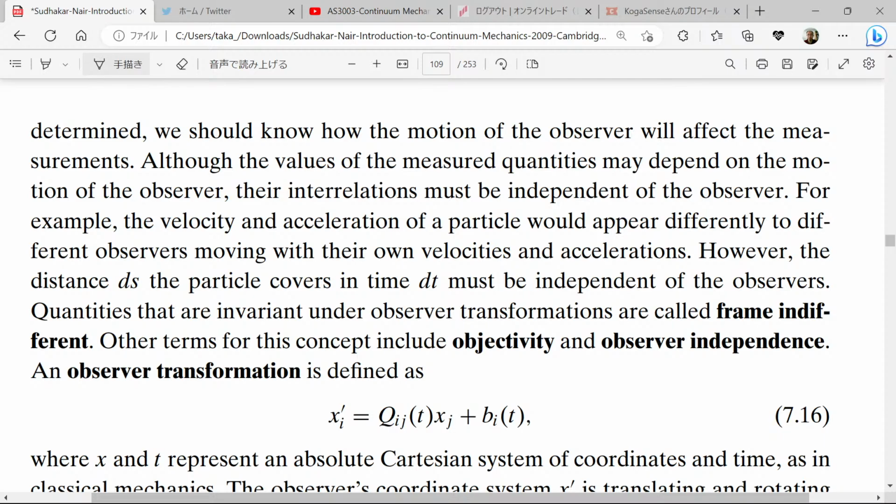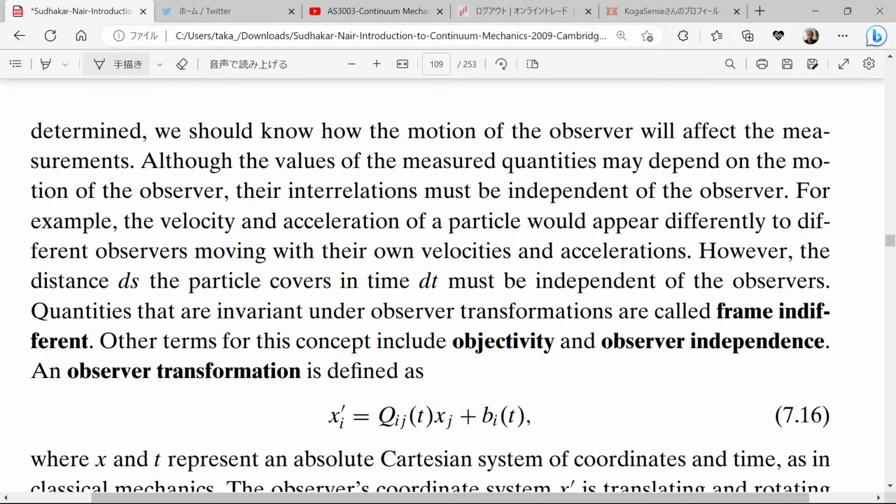Quantities that are invariant under observer transformations are called frame indifferent. Other terms for this concept include objectivity and observer independence.